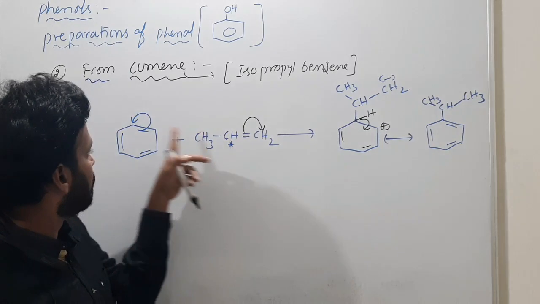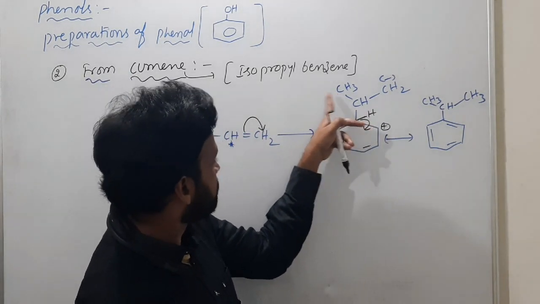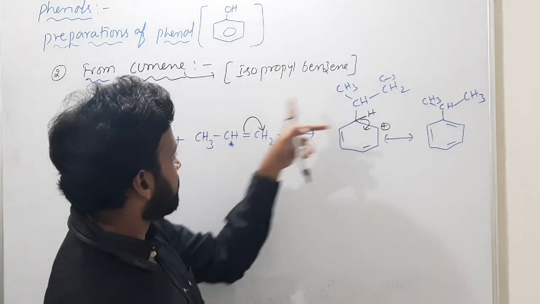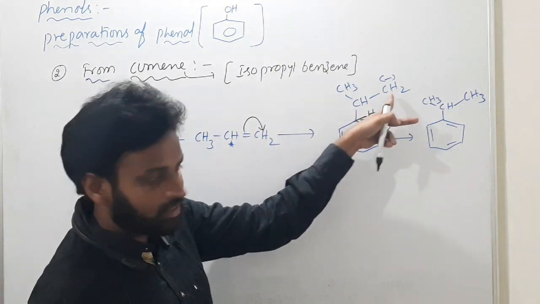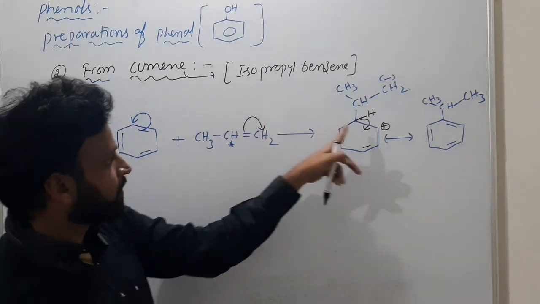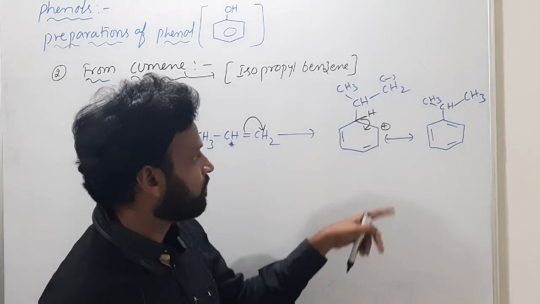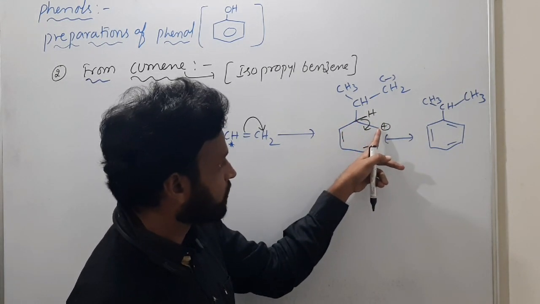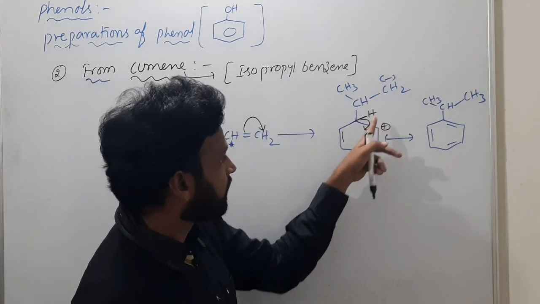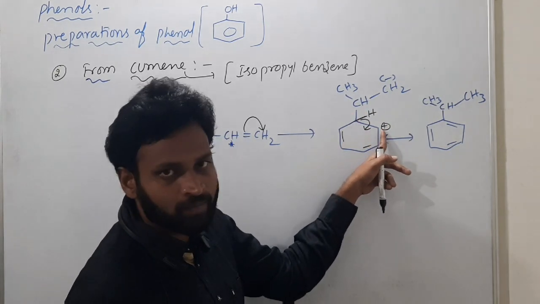So this carbon was added on this, so here this CH3 and CH2 minus. On this carbon you have a positive charge. So to form a pi bond, this CH bond must break. Why here also hydrogen is there? No sir. If it is broken, a bond will form? No, here already a positive charge is there.